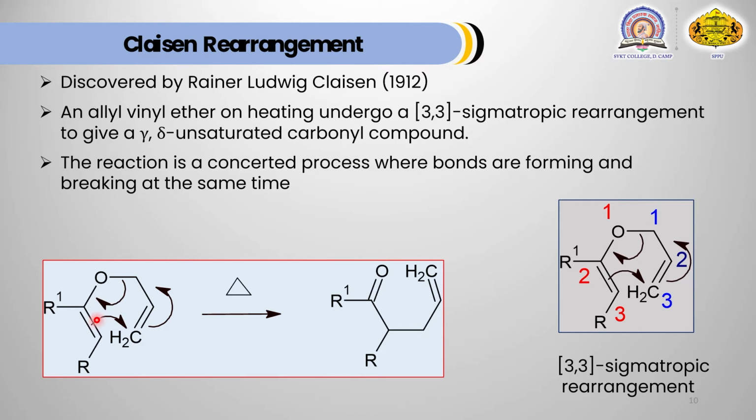This bonding pair of electrons is utilized for formation of a bond between this carbon and this carbon. Hence this is the product obtained in the Claisen rearrangement. This is the alpha carbon, this is the beta carbon, this is the gamma carbon, and this is the delta carbon. The gamma-delta unsaturated carbonyl compound is the product of the Claisen rearrangement reaction.